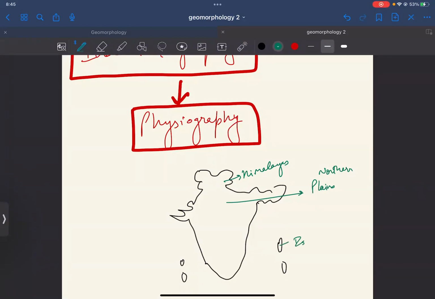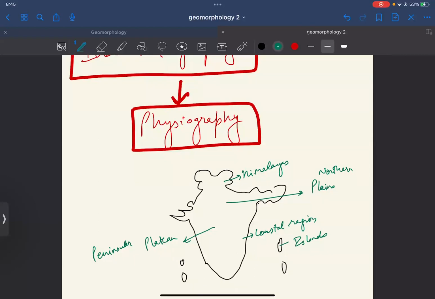Then we have islands, right? Then we have plateau, basically peninsular plateau, then coastal region. So these are the regions that we have to study. These are the physiography of India, right?